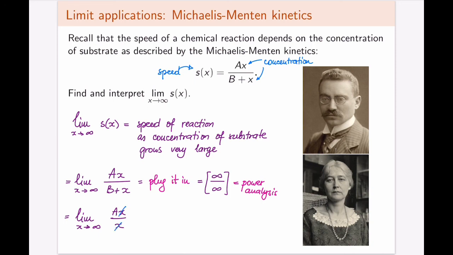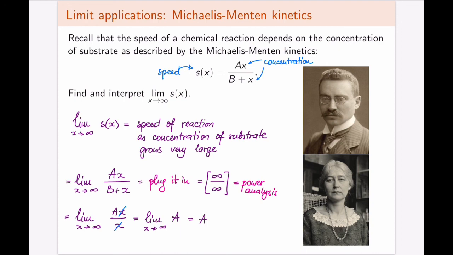And so what I'm going to have is limit as x goes to infinity of some constant a. And remember, as per the very first slide in this lecture, a limit of a constant for any value of x is always going to be that constant.